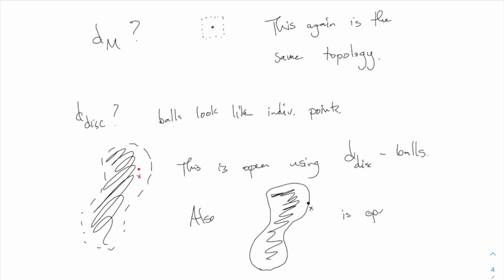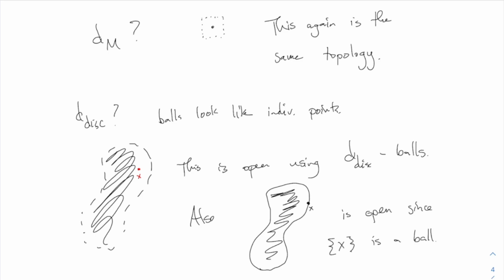And so for this set, you can put a discrete ball around x that's totally contained in the set. All right. Actually, if you think about it, every set will be open. It doesn't even matter what the set looks like at all.